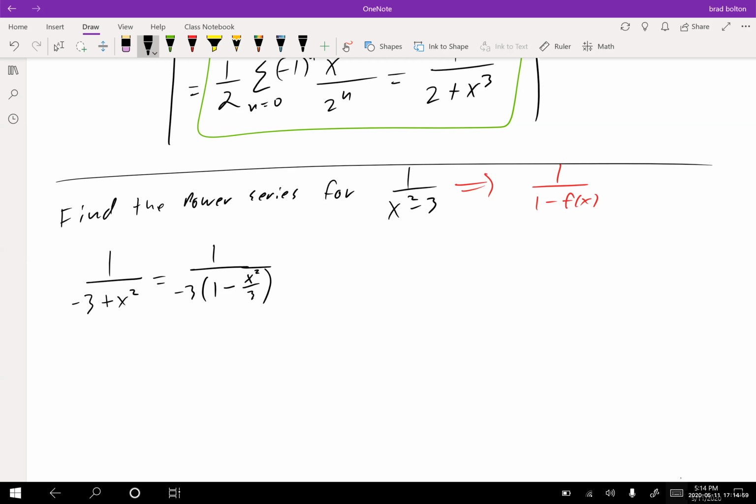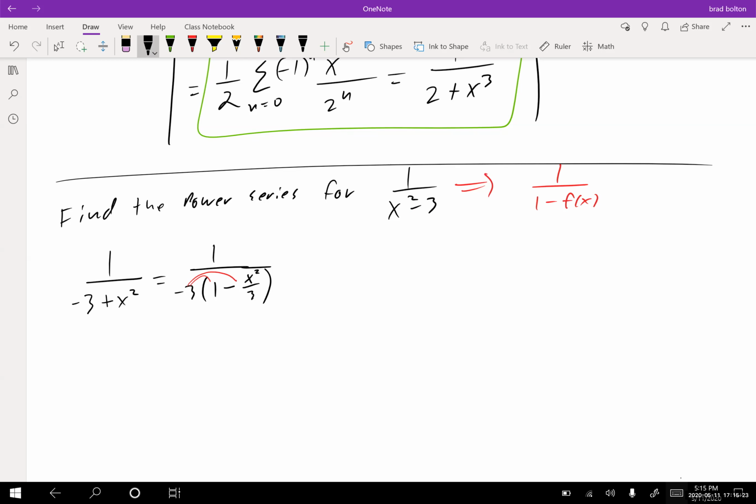So now, and again, you guys kind of got to get comfortable with this. This isn't everybody's ideal way to do it, but remember, I know this was legal to do because if I distribute this back, I get negative 3, boom. If I take negative 3 times this, I get positive x squared, boom. So I didn't do anything wrong. I just factored out in a funny way, and I checked it with my distribution.